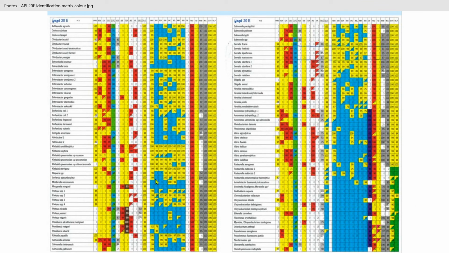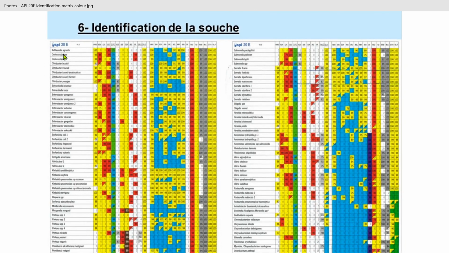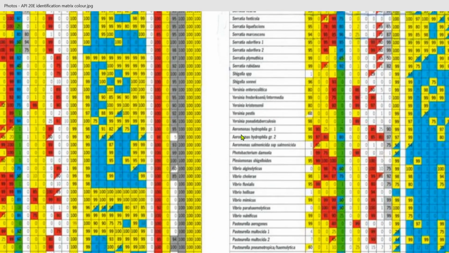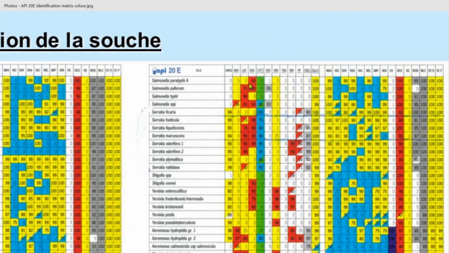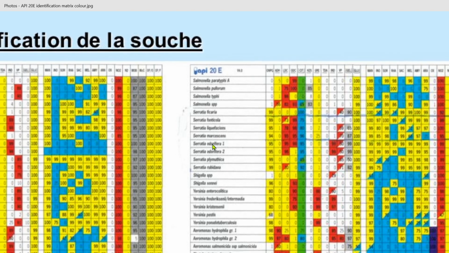Well, what is the presumptive identification of your bacteria? Of course, if you buy into this system, API 20E kits, you'll be given access to their database, and what you do is you just enter the code. All the tests will give you a code, which we will do in more detail during the practical, and then from the code you can determine the presumptive identification of the bacteria that you have.